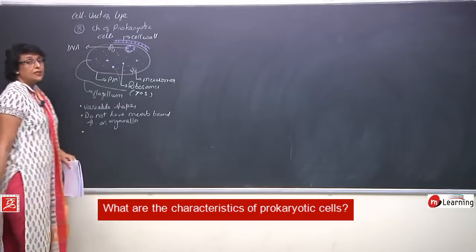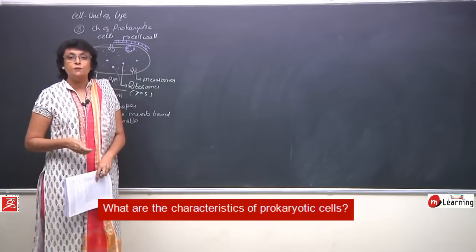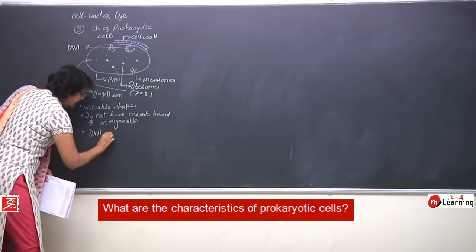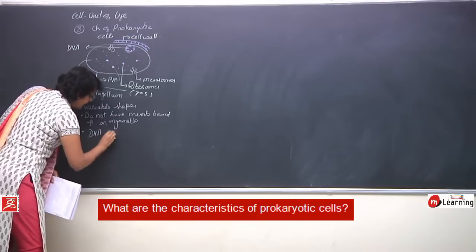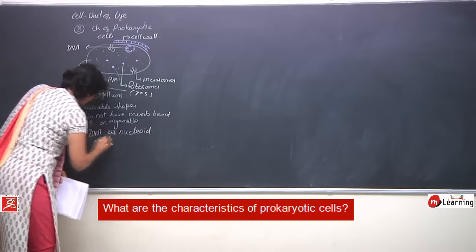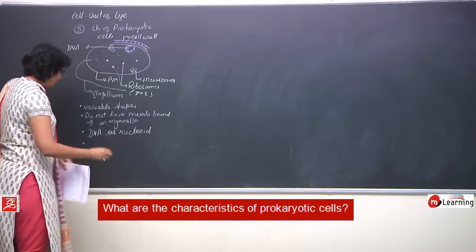The nucleus is absent. Only circular genetic material is present, which is known as nucleoid. So, DNA as nucleoid. They have ribosomes, which are 70S type.